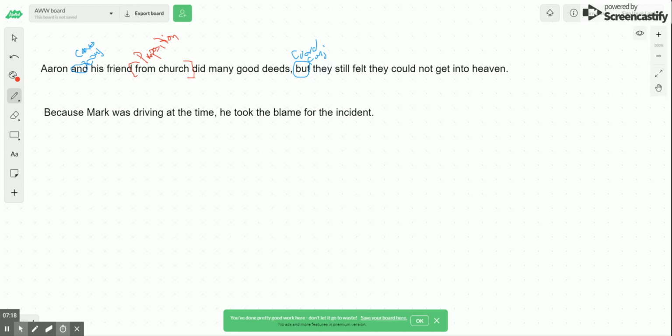Answers the same question. And over here, felt they could not get in. Could not get where? Into heaven is a prepositional phrase. It answers one of those adverb questions, but it answers it with more than one word, making it a prep phrase.